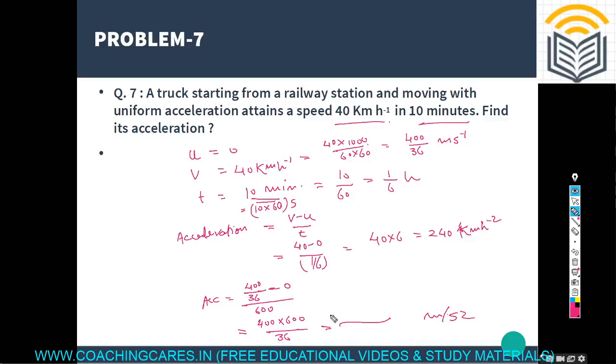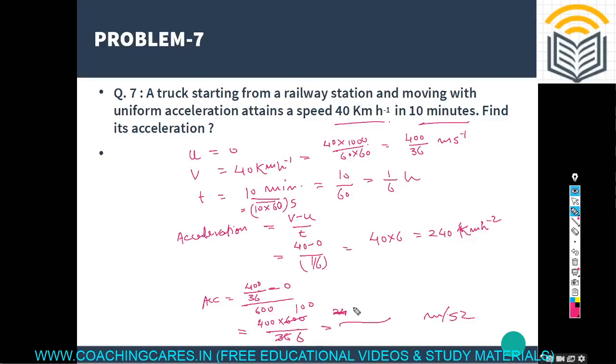So if you want to solve, you can solve it. That is 24, you can cut it, that is 100, like this.